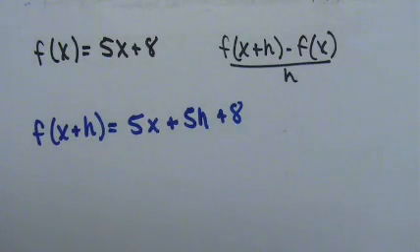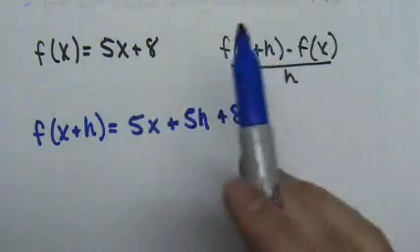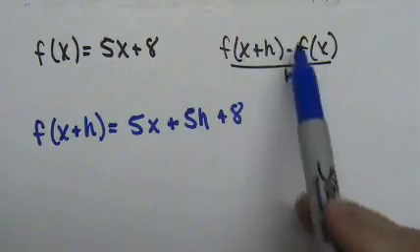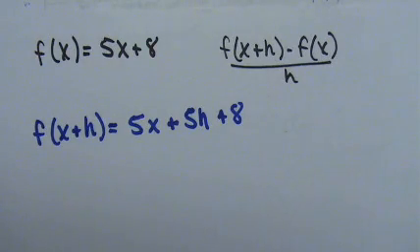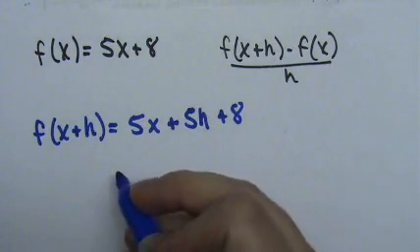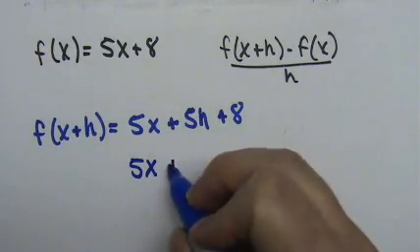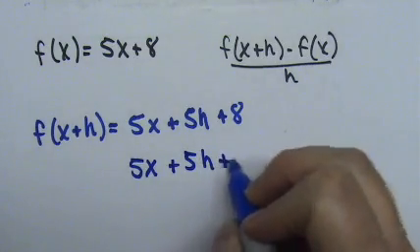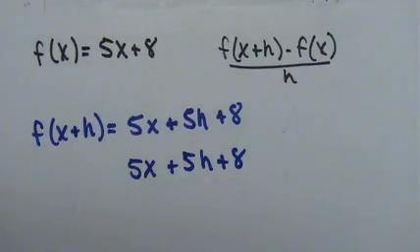Alright, moving right along. We found f of x plus h. Now what's the next thing we do if we work, say, left to right on the top? f of x plus h minus f of x. Okay? So I'm just going to copy back down f of x plus h. Now, what is f of x? f of x is exactly what they gave us at the top.